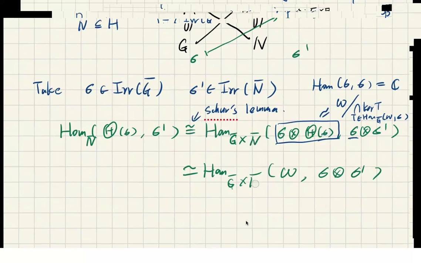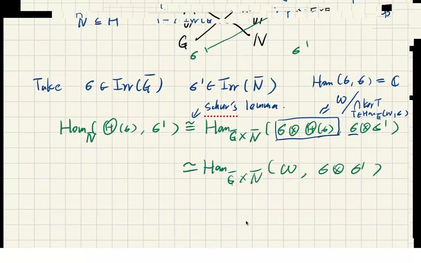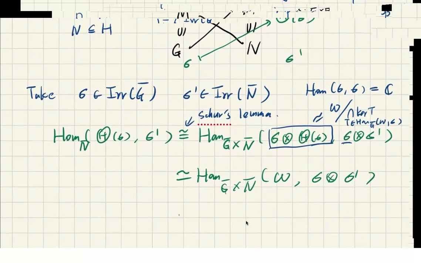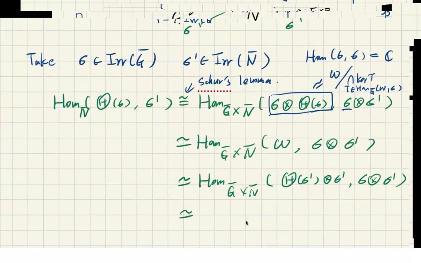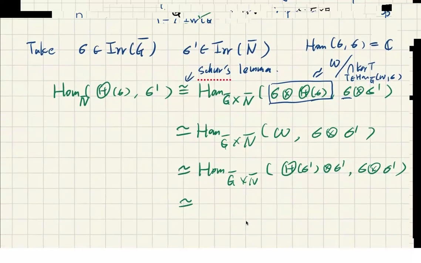Sorry, this is H. So you can play the same trick. So this is isomorphic to Hom from G bar cross H bar. But here you have theta sigma prime tensor sigma prime, sigma tensor sigma prime. So this is isomorphic to, you apply again Schur's lemma. This is Hom G bar of big theta sigma prime, sigma.